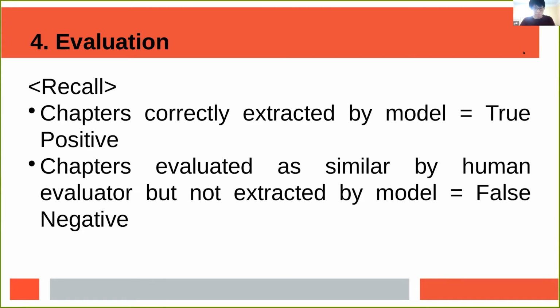That means the chapters that are properly classified as similar chapters by the models, just as done by the human evaluator. But on the other hand, there are also chapters that are extracted as similar by the human evaluator, but not extracted by the model. The former is called true positive. The latter is called false negative.